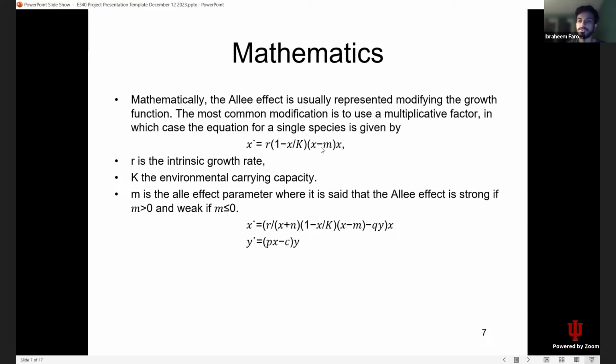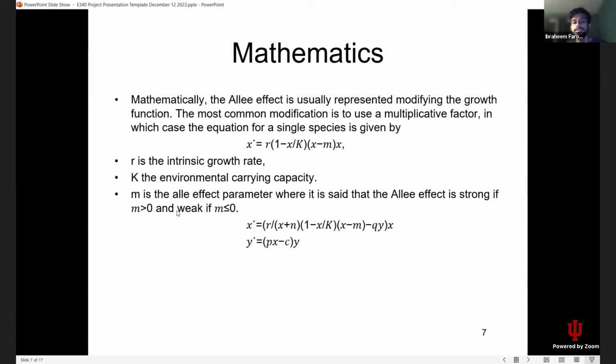If m is positive, you have a strong Allee effect. If m is negative, you have a weak Allee effect. That's because if m is negative, this function will always be positive. So even if it's technically a lower reproduction rate, it'll still be positive.